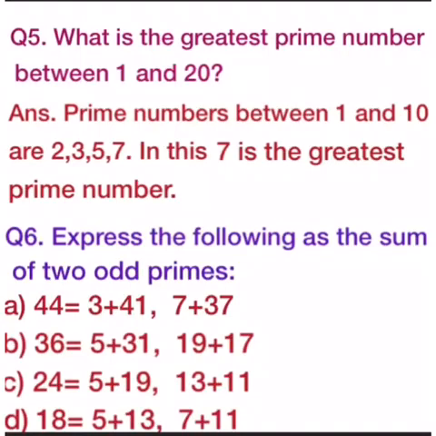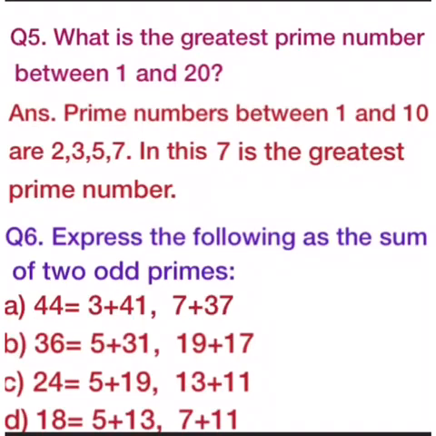So here you can see that we have taken two numbers, that is 3 and 41. Both are odd primes and when we add them we get 44. Another set of numbers, that is 7 and 37, they are odd primes and when they are added they also give you 44.